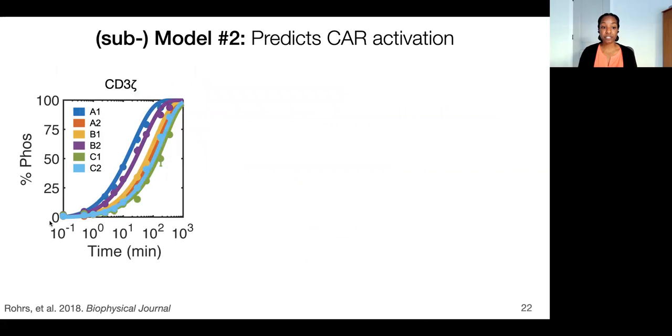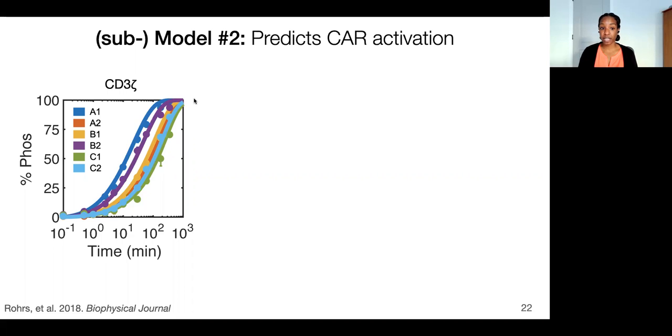I'm showing the amount of phosphorylation of the 6 different sites on CD3 zeta as a function of time. And so the sites are colored according to which one we're referring to. The lines are the fit of our model. So you can see a very nice correspondence between the experimental data and what the model would predict for the amount of phosphorylation as a function of time.